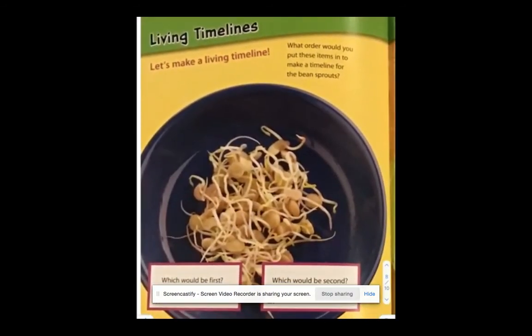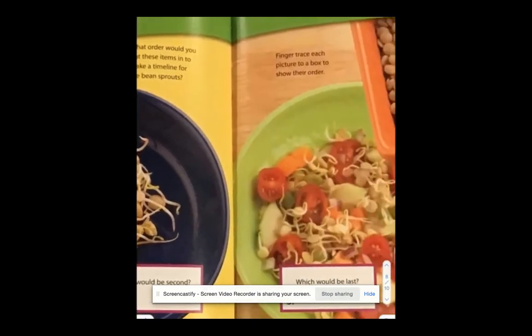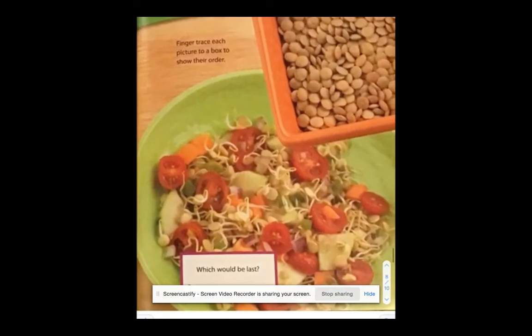Living timelines. Let's make a living timeline. What order would you put these items in to make a timeline for the bean sprouts? Which would be first? Which would be second? Finger trace each picture to a box to show their order.